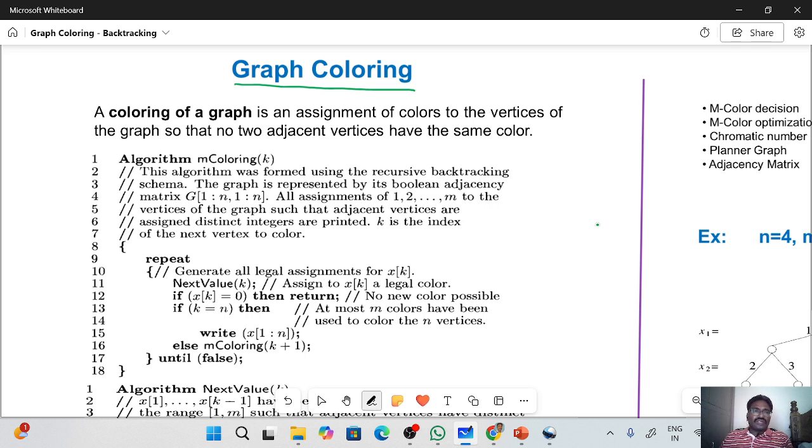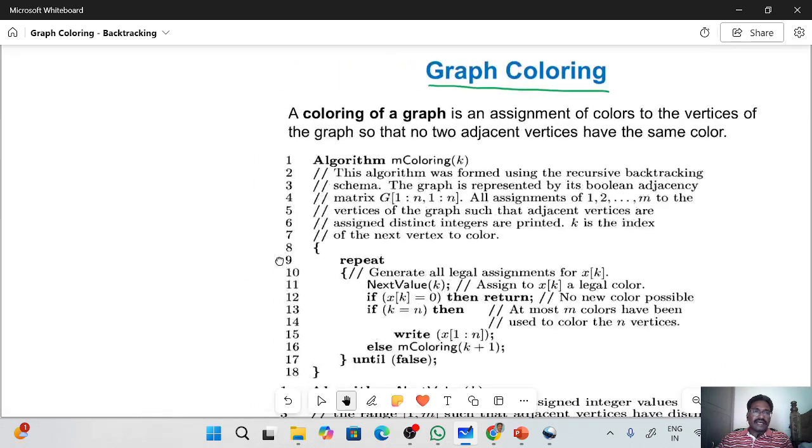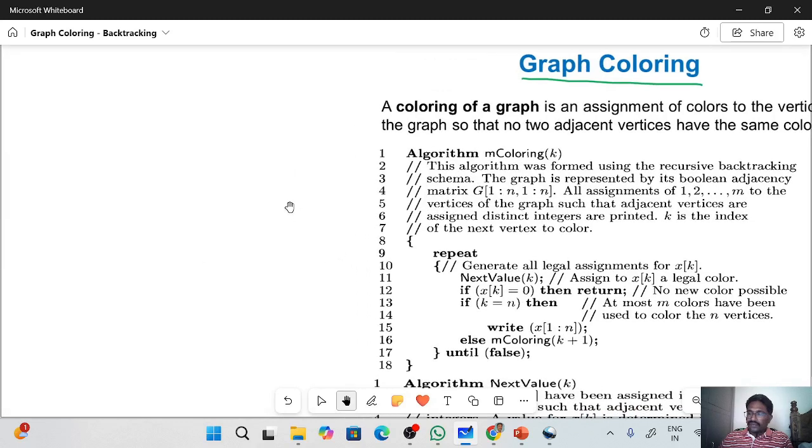So the graph coloring problem is generally seen as two types. The first one is the M coloring decision problem.